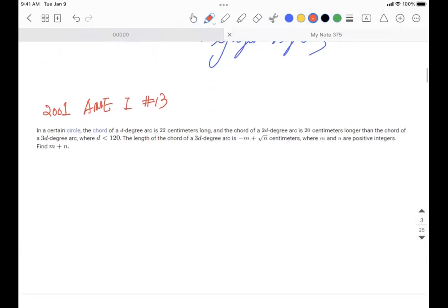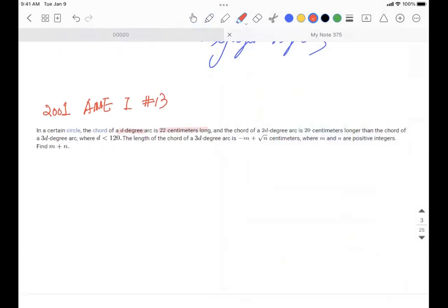The problem says: in a certain circle, the chord of a d-degree arc is 22 centimeters long.